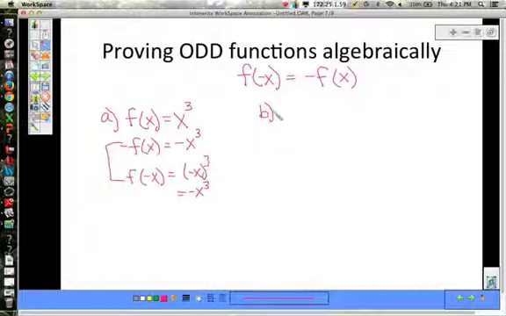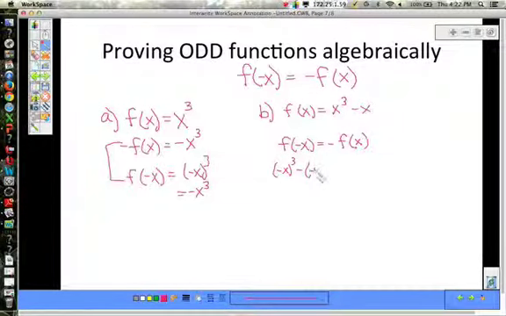So let's take a look at b here. We have f of x equals x cubed minus x. To prove this, f of negative x equals the opposite of f of x. So f of negative x, we'd have negative x cubed minus negative x.